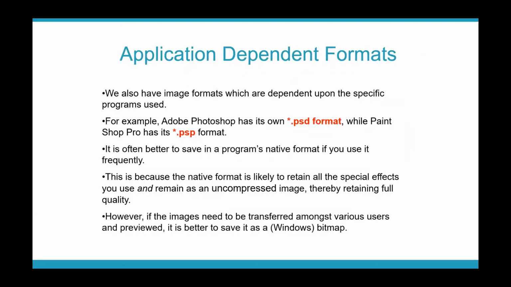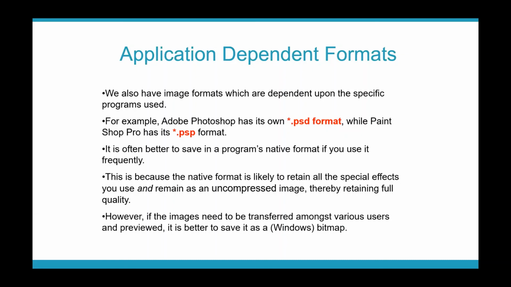Where you will use a particular format depends upon what application you are using it for, what your storage requirements are, and also on other processing requirements. Different file formats are used for different applications depending upon the storage, the quality that is expected, and other factors. So those are the system independent file formats.